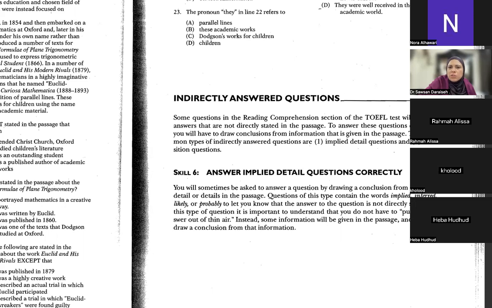To answer these questions correctly, you will have to draw conclusions. You'll sometimes have to conclude from information that is given in the passage. Of course you can't conclude randomly. No, you rely on the information in the text, even if the conclusion is not stated explicitly.